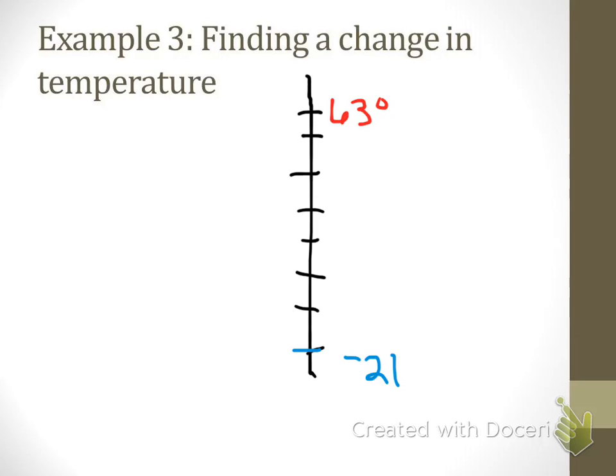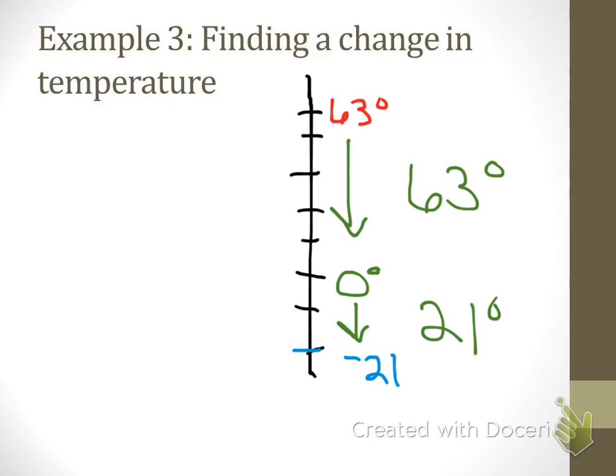So first, how many would it take for you to get from 63 to 0? You would go down 63 degrees, right? Well, then how many would it take for you to get from 0 to negative 21? 21 degrees. So how could you figure out the change? You would add them together.